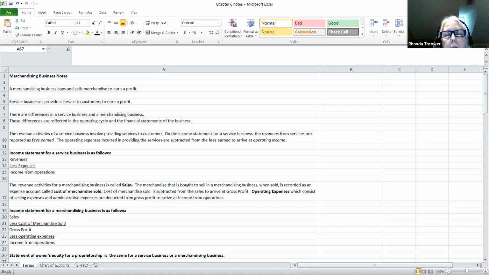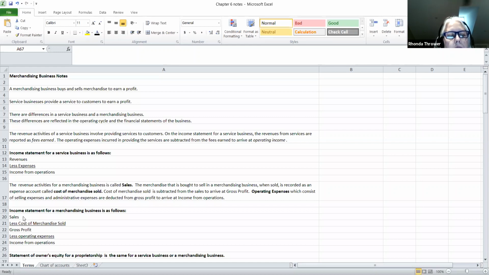The expenses could be any expenses that that business has incurred for a period of time. Remember, we match our expenses with our revenues to give us our profit for that period of time. Now we're calling it the income from operations, but basically revenues less expenses is still going to give you net income. We just changed the name around a little bit.